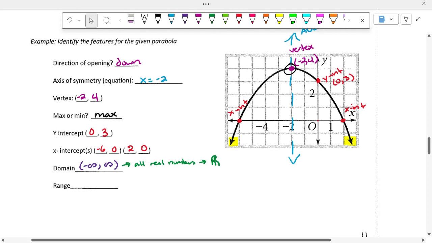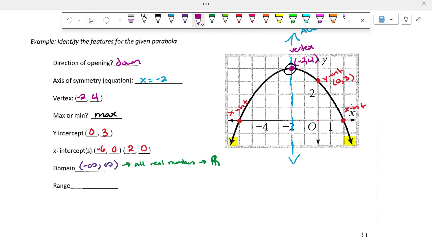And lastly, range. So what is my lowest y value? Let's go Riley M. There's arrows down here, so it means it keeps going on forever. So what's technically the lowest y value if you look from bottom to top? Infinity, but since it's on the downward side, it has to be negative infinity.